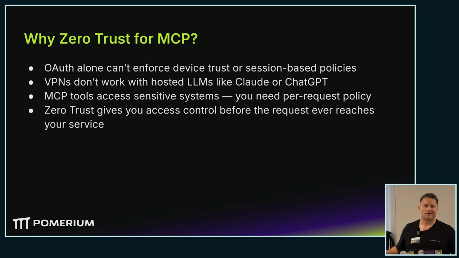There's no way they're going to say, everybody register their VPN and we'll take care of it. It just doesn't scale. So if you're going to use a VPN to secure your MCPs, it's only going to work if you have your own MCP client and everything's in your network. Just something to consider.